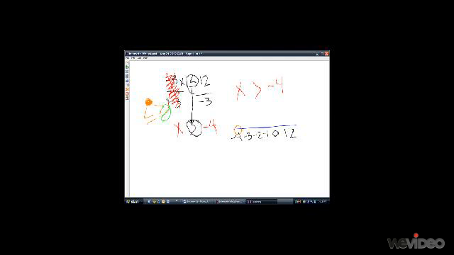So on our number line, the arrow will go that way.